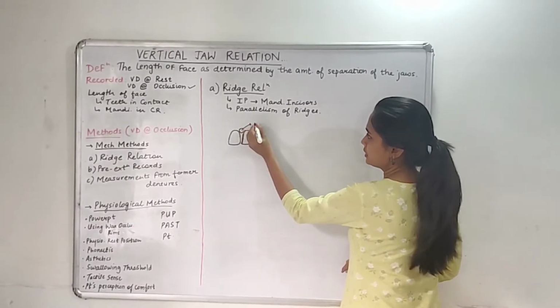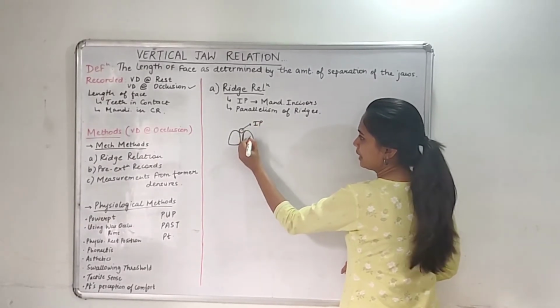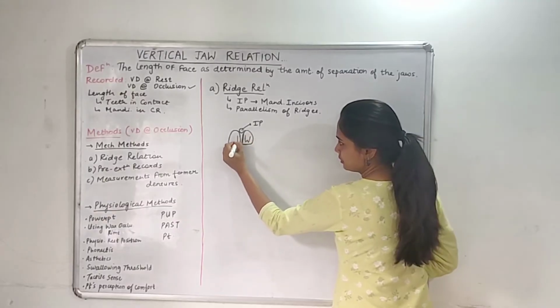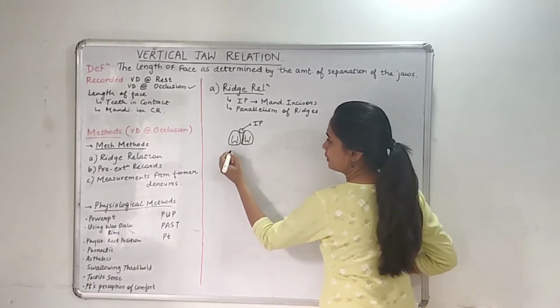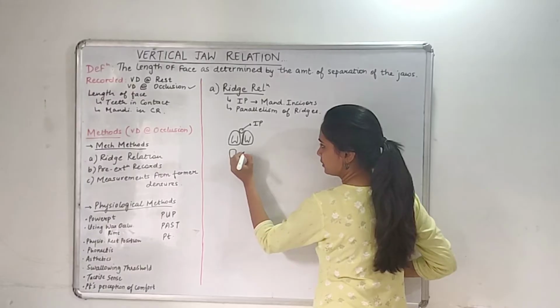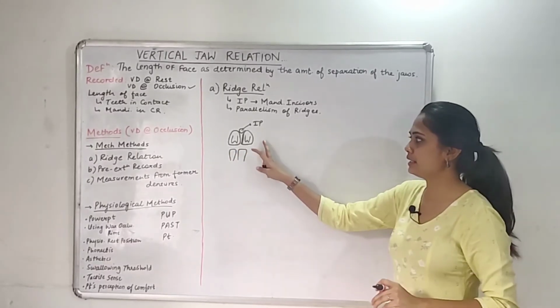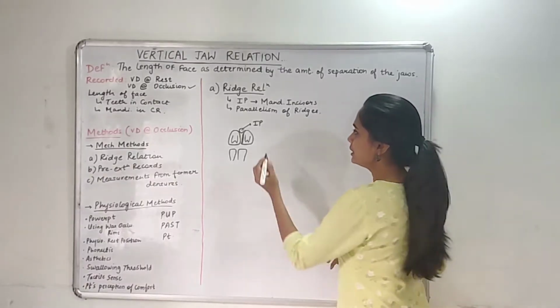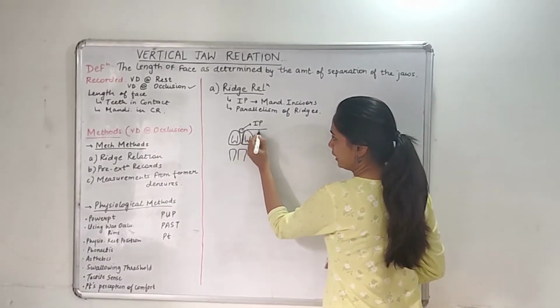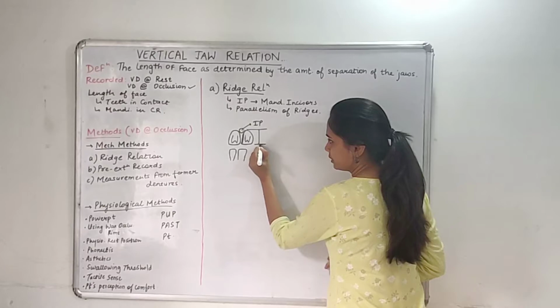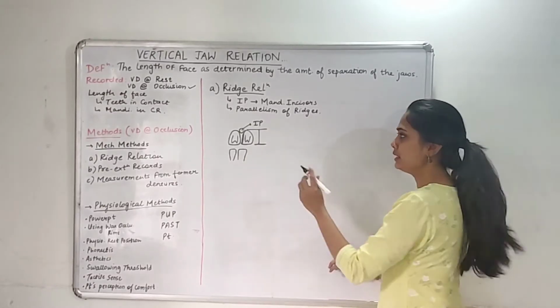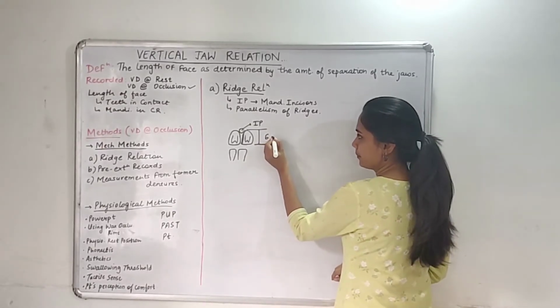This is the incisive papilla and the maxillary incisors, and here we have the mandibular incisors. This is the lingual view of the maxillary and the mandibular incisors. So the distance between the incisive papilla and the incisal edges of the maxillary incisors is 6 mm.